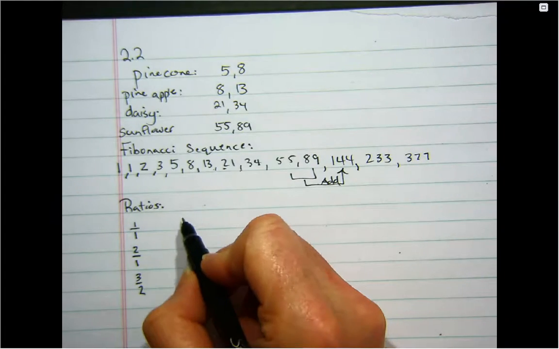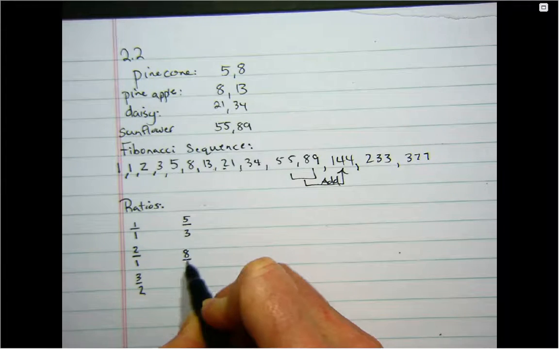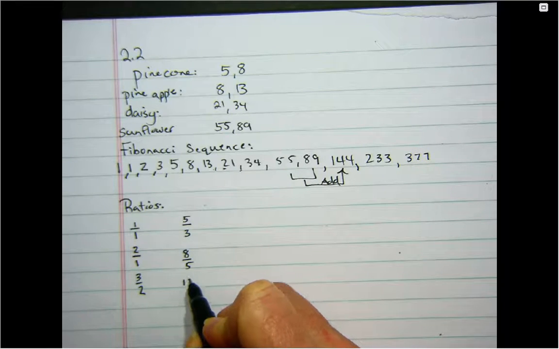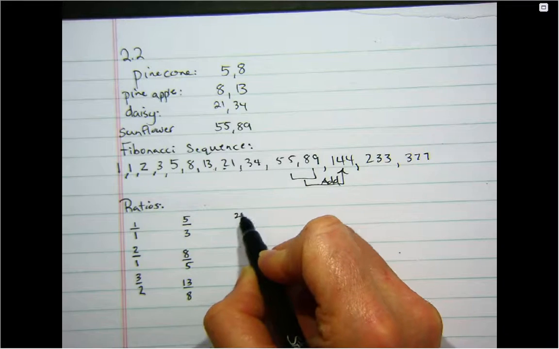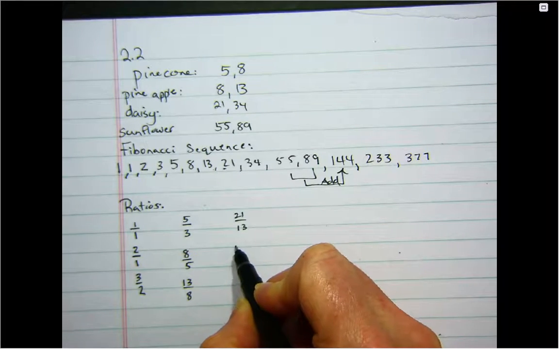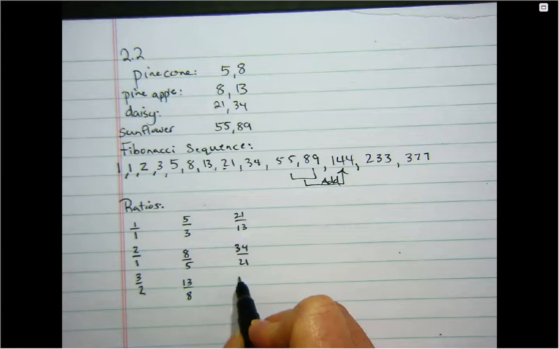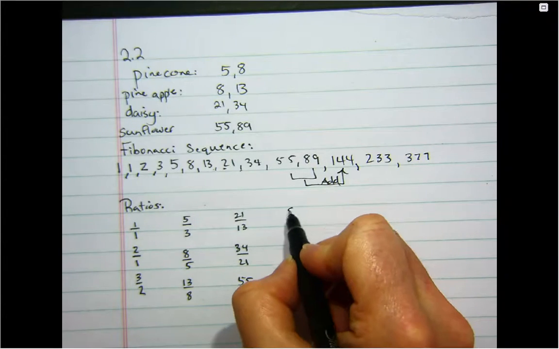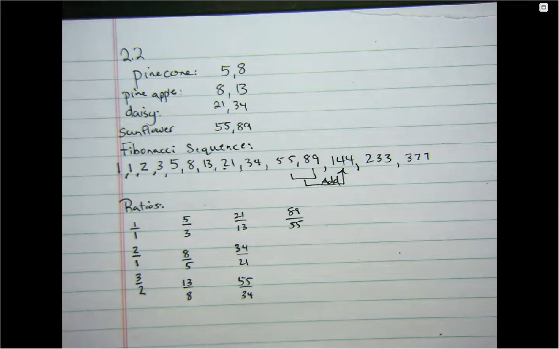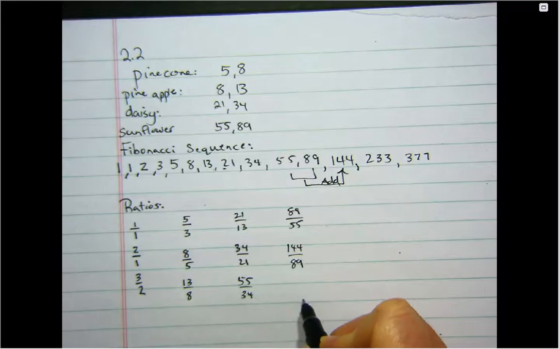Next would come 5 divided by 3, and then 8 divided by 5, 13 divided by 8, 21 divided by 13, 34 divided by 21, 55 divided by 34, 89 divided by 55, 144 over 89, 233 over 144.